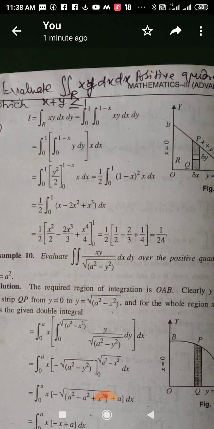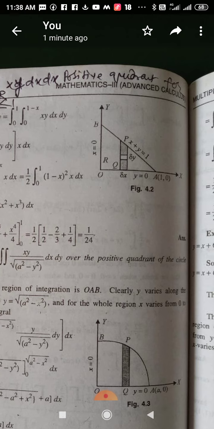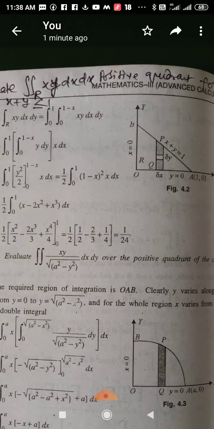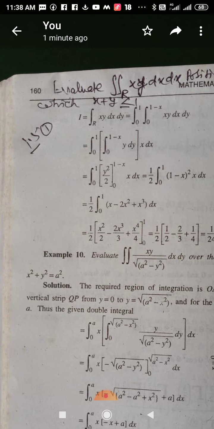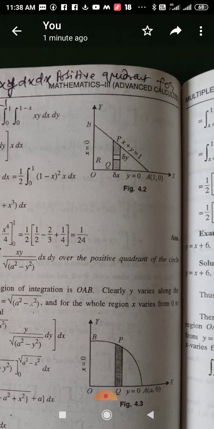First problem is to evaluate the double integration of xy dx dy over the positive quadrant for which x plus y is less than or equal to 1. So first of all, draw the figure. Here the x and y axes are given and the line x plus y equals 1 is also given, and it makes a triangle.